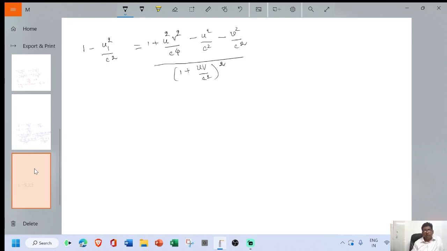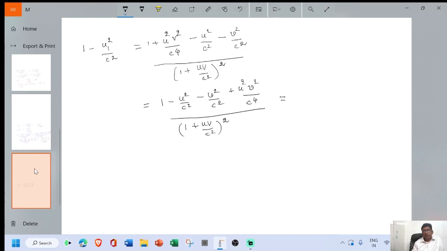Now this is equal to 1 minus u square by c square minus v square by c square plus u square v square by c power 4, whole divided by (1 plus uv by c square) whole square.